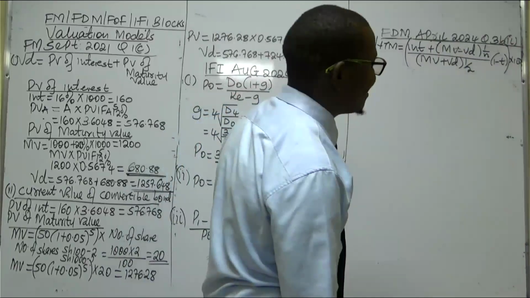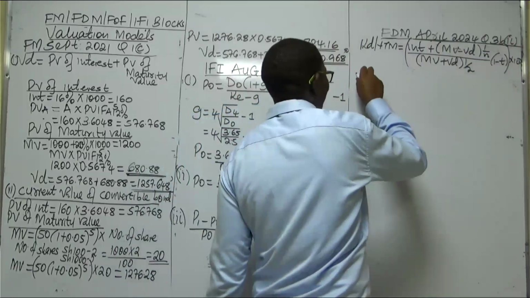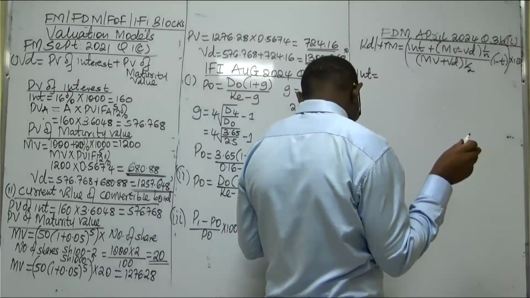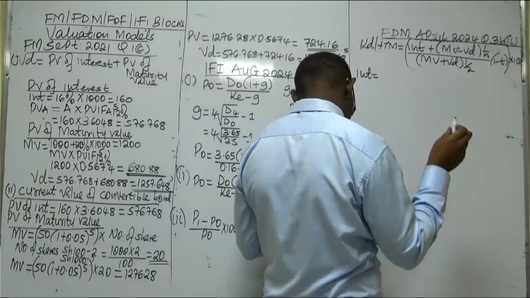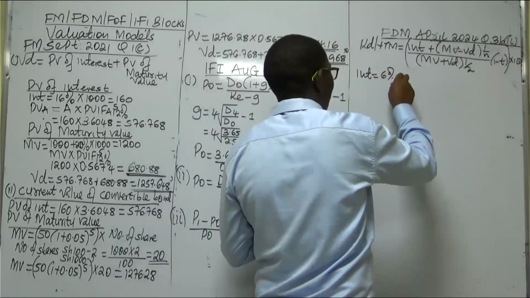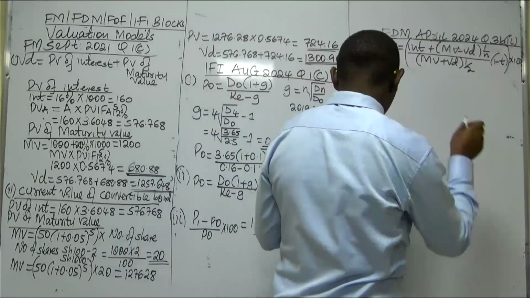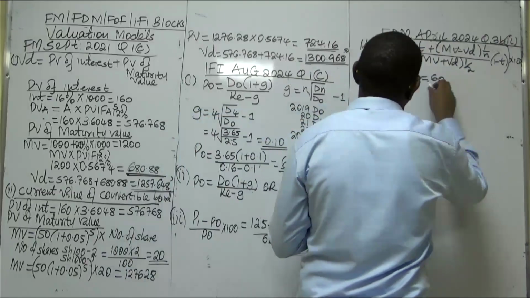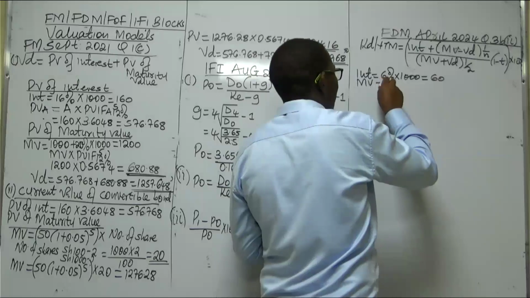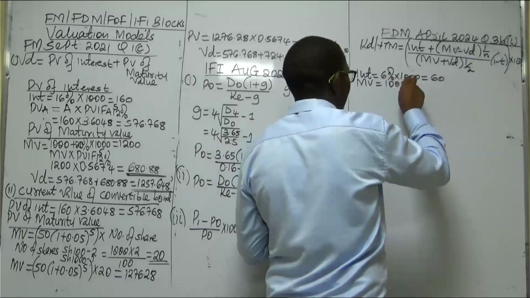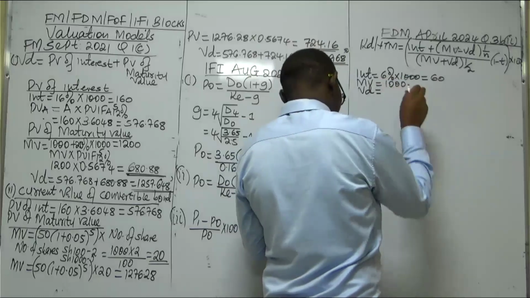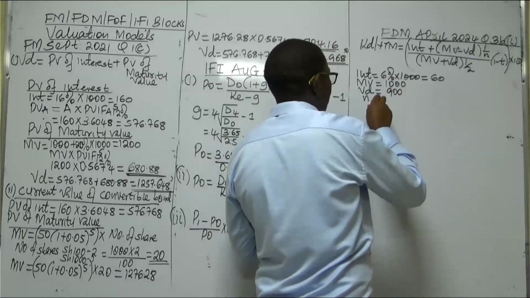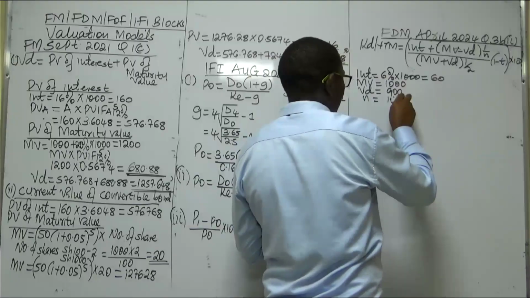The only thing is that they didn't say the cost of the debenture, and therefore this will be 6% multiplied by the par value. The maturity value is the par value, which is 1,000. The value of the debenture is currently trading at 900. Maturity period here is 10 years.